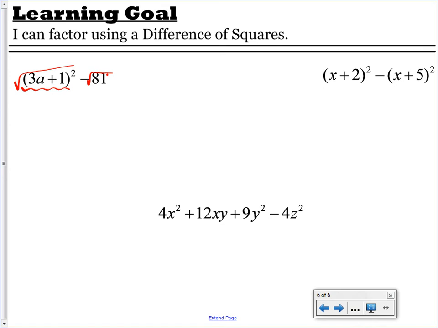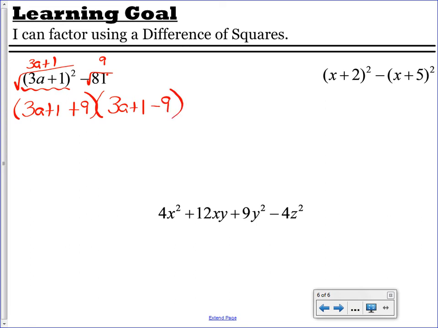What do I get when I take the square root of that first term? 3a plus 1, because my square and square roots cancel out. And this one I get 9. You have to be careful with these ones. In my first bracket, I'll write 3a plus 1 plus 9, and 3a plus 1 minus 9.